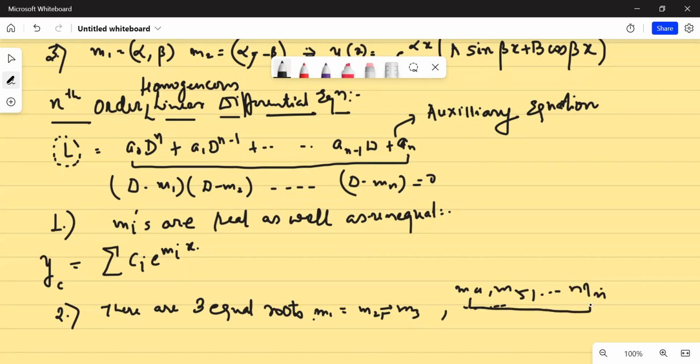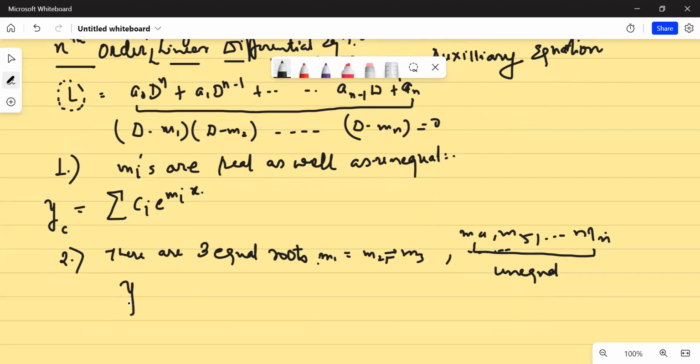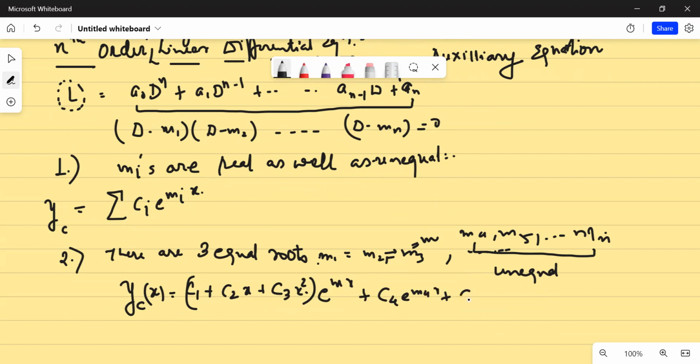So how to write the solution for the same? The complementary function, or you can say the solution of the homogeneous linear differential equation, in this case would be equal to (C1 + C2 x + C3 x^2) e to the power m1 x, plus C4 e to the power m4 x, plus C5 e to the power m5 x, and so on and so forth.